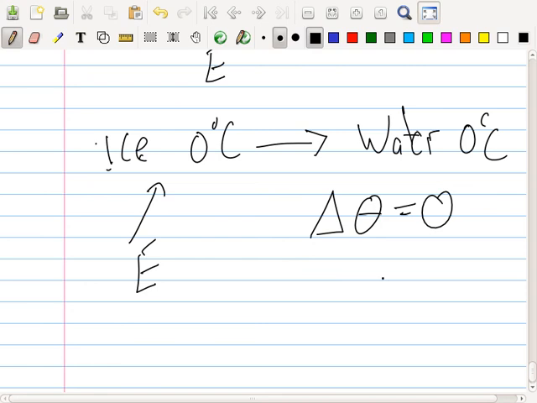So where did my energy go? My energy went into changing the structure from ice to water. Solid to liquid. This is called latent heat or latent energy. It's the energy you require to change the state: solid, liquid, gas. Okay?